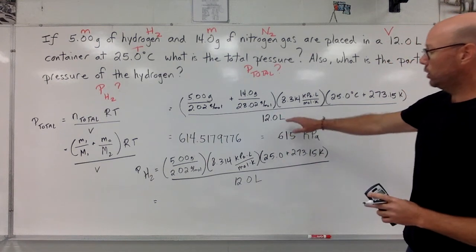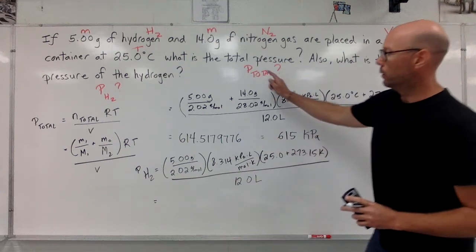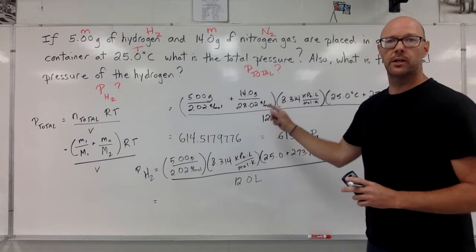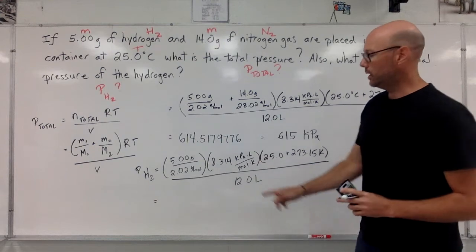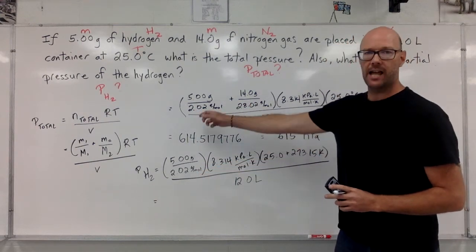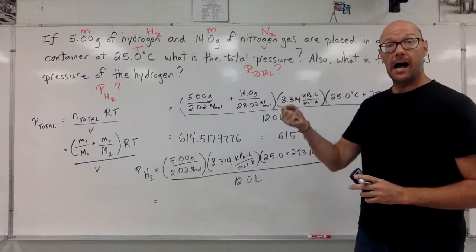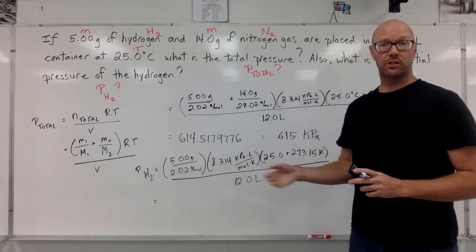It's the same volume, the same temperature, the same ideal gas constant, where here it was the total moles to get the total pressure, where here it was just the hydrogen. Instead of the two different gases added together, we focused on just one. We focused on the hydrogen because that's what we were being asked to do.